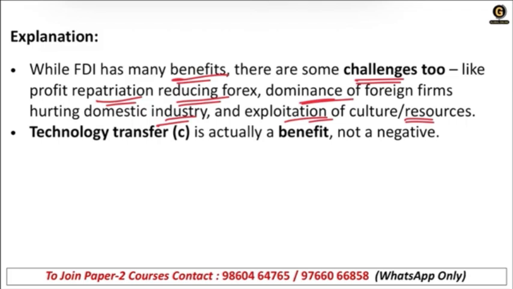FDI is possible in every country. Correct. So they may exploit the cultural or natural resources of a particular country where FDI is coming, if that country has maximum natural resources, those can be exploited. Correct, in terms of raw material understanding. So it is challenging too.